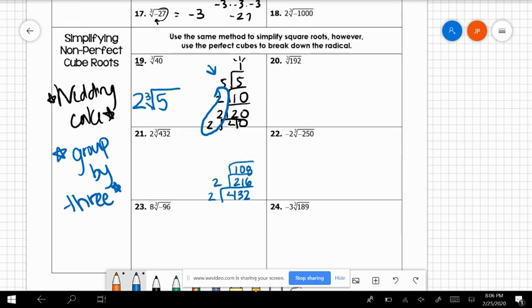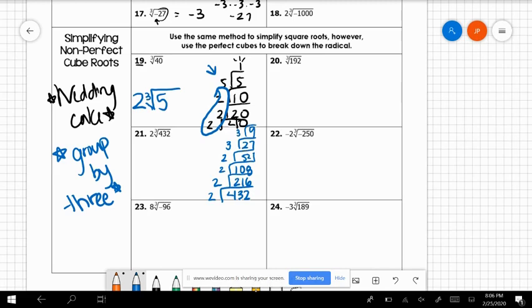Divide by 2, that'll give me 54. And now that I'm here, I can't, oh no, I can divide by 2 one more time. Can't divide by 2 anymore, so now I go to my next prime number. 3.